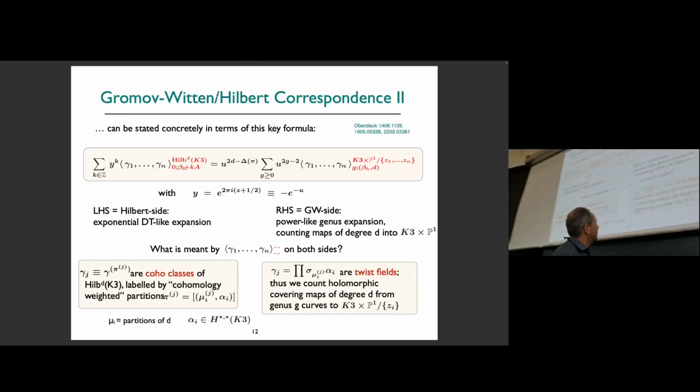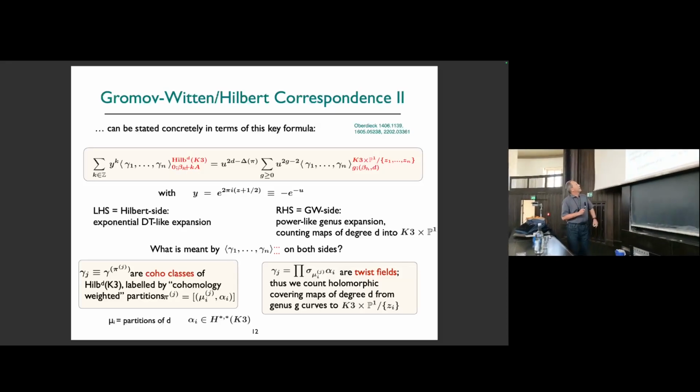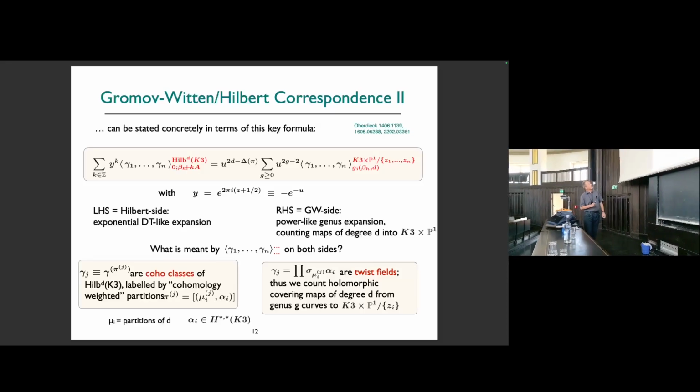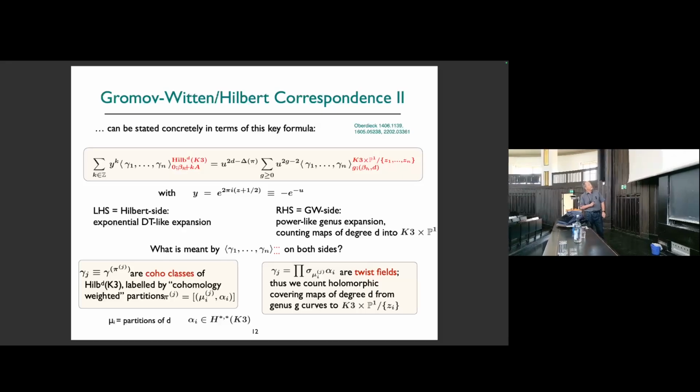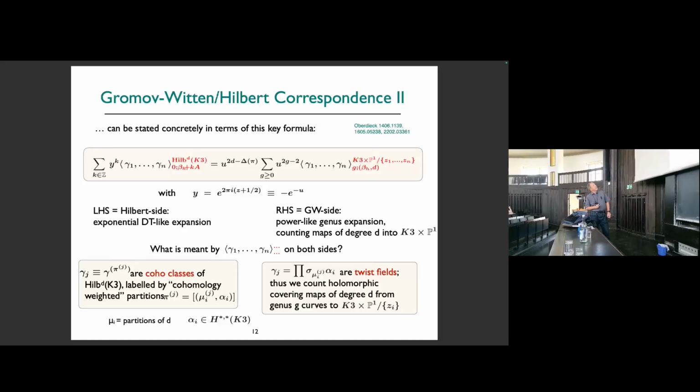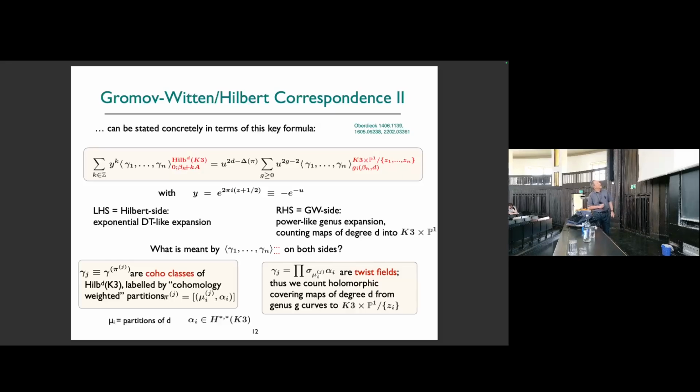Okay, it's better. Okay. So the question is then, what are these correlation functions? What are these operators actually we put in here? And I denote them with the same symbol because they are characterized by the same mathematical data, but they're different operators in different spaces. So on the left side, these are just cohomology classes of the Hilbert scheme, and they're defined in terms of partitions of d, and these can also be intermingled with classes of K3.